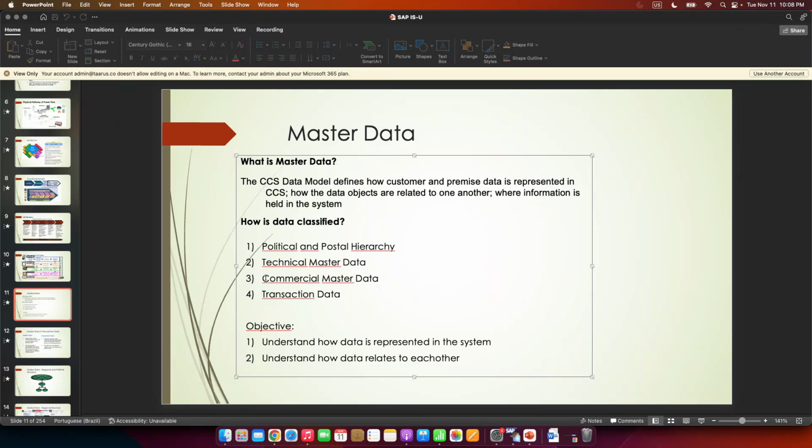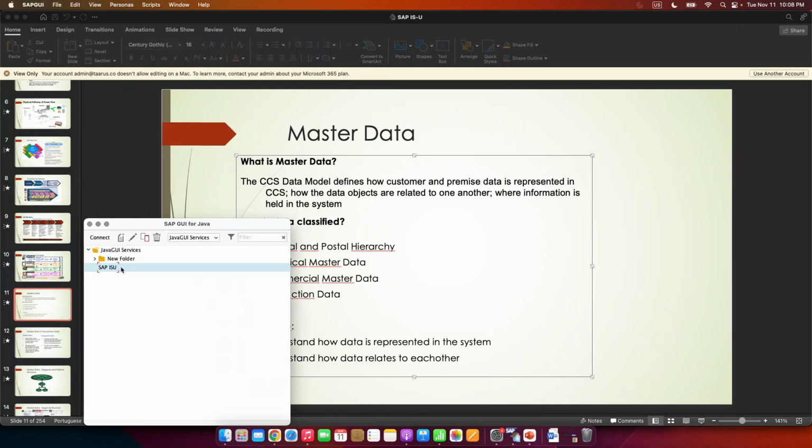Got it? So simply saying, you can skip political and postal, because no utility companies are maintaining that information in SAP.